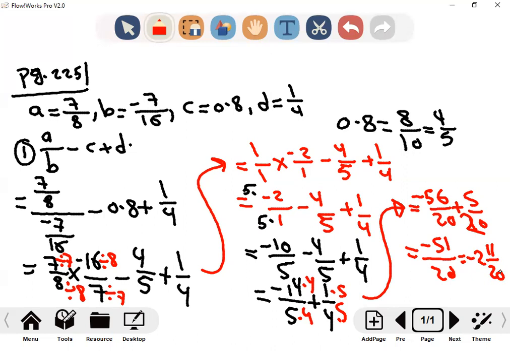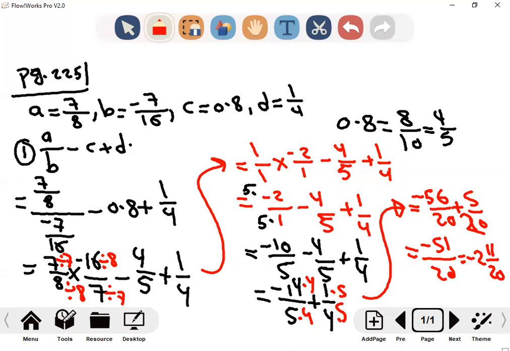If you don't make a crossing here, multiply up, multiply down, then you have one fraction, then subtract 4 over 5, then add 1 over 4. At the end, after you simplify, you'll have the same answer.